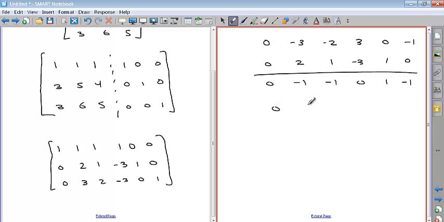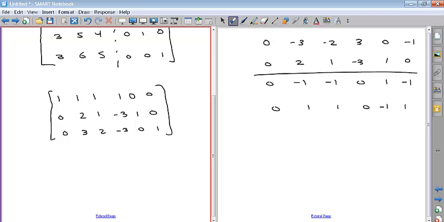So it becomes 0, 1, 1, 0, negative 1, 1. So what I have is first row stays the same. Second row becomes 0, 1, 1, 0, negative 1, 1. The third row, I'm going to leave the same right now, so we don't try to do too many things at one time.